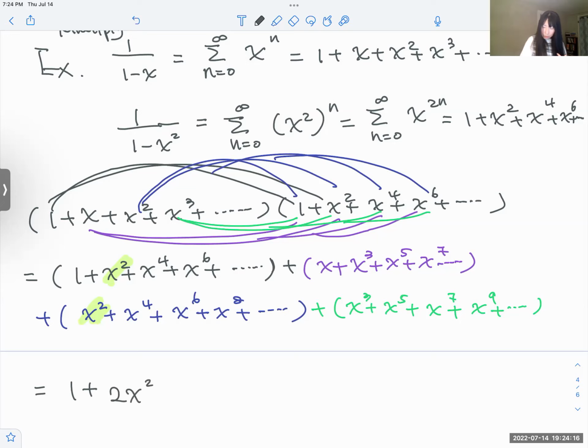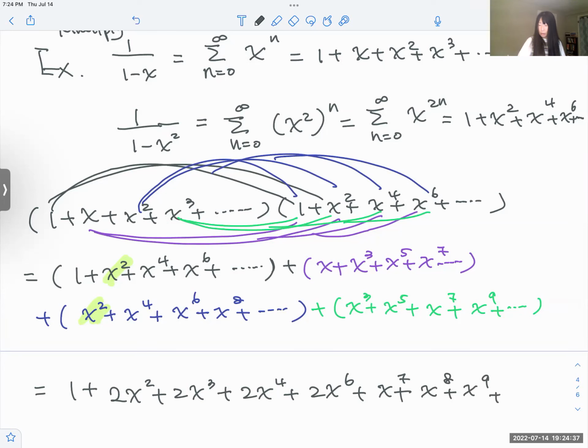Two x^2, we get 2x^3, we get 2x^4, we get 2x^6, we get x^7, x^8, x^9. What we see, okay? This is how we multiply, right?